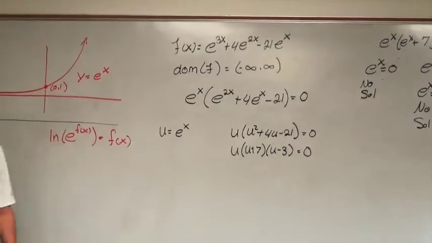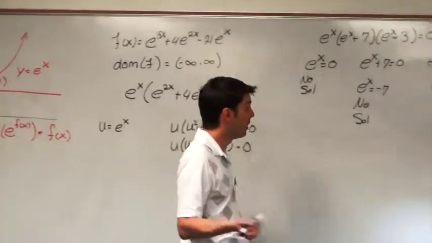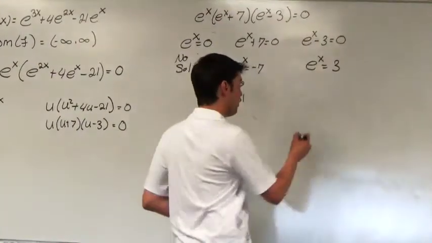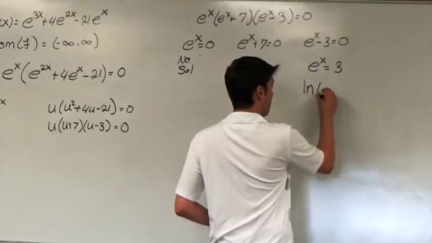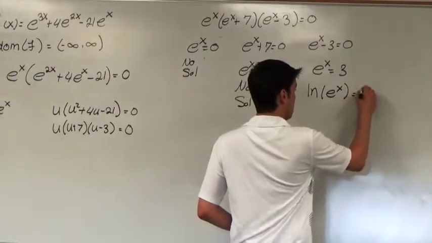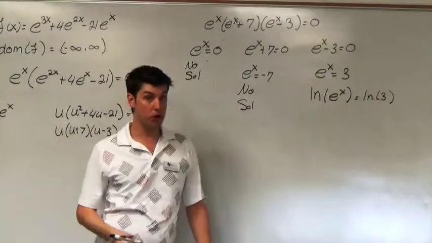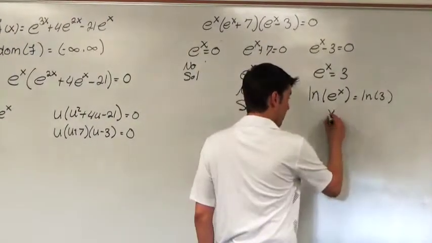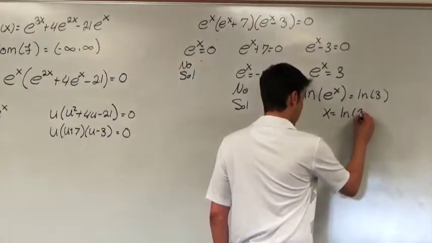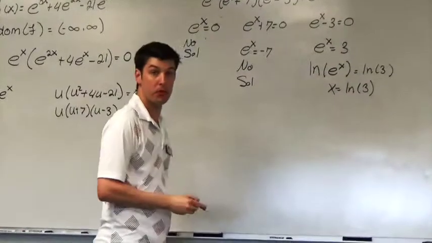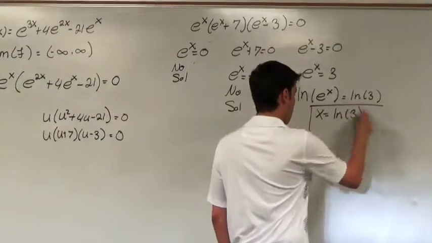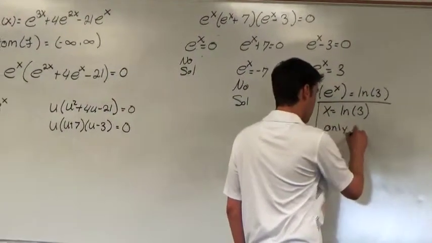So to get rid of an e, you must take a log. So taking log of both sides, logs and e's are inverses, so they cancel out. So all we get is log of 3. So this is our only root.